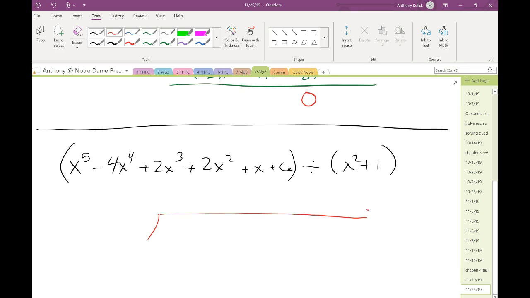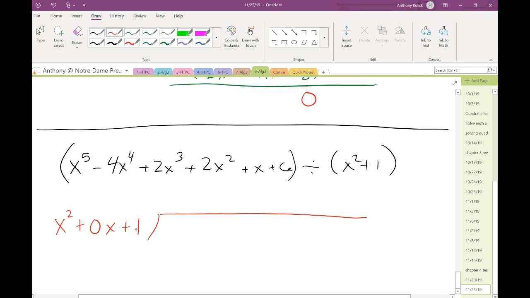X cubed plus 1? So I'm not going to write x squared plus 1 as x squared plus 1. How would I write that instead? X squared plus 0x plus 1.